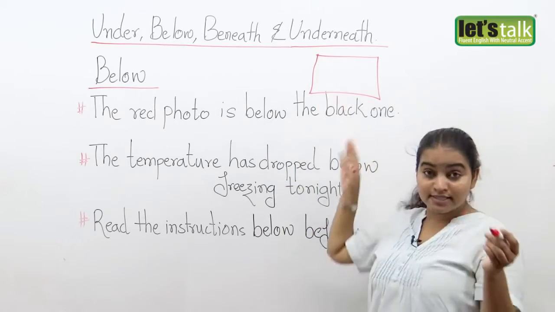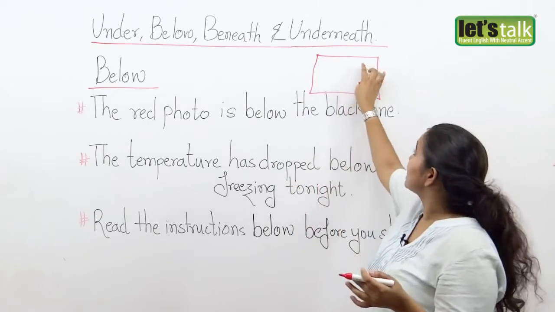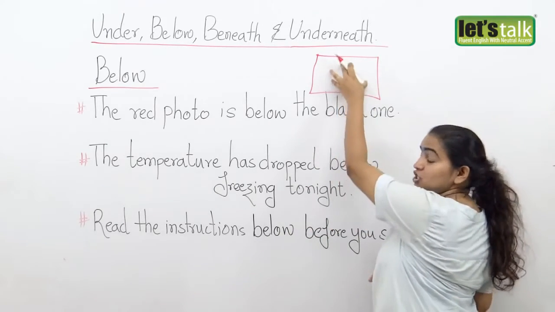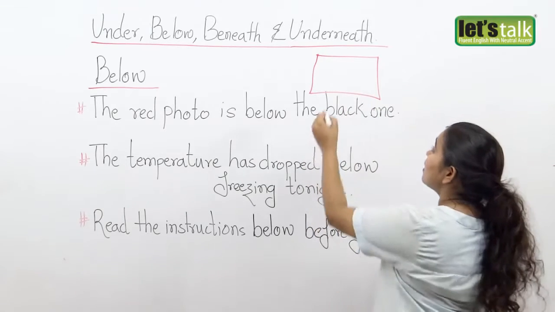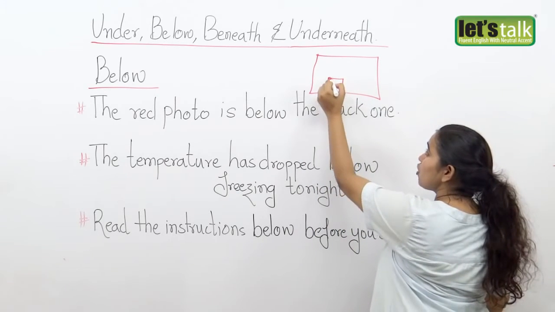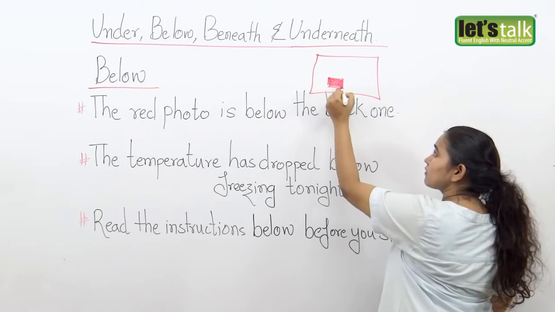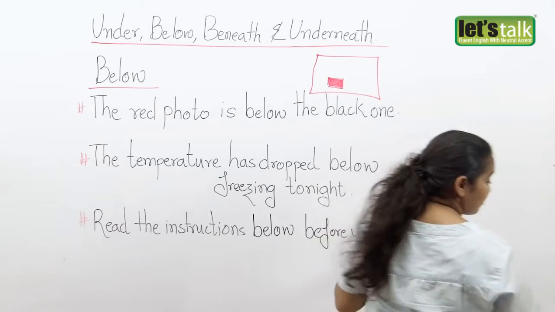Okay, so as I said, imagine that this square here is my blackboard, or maybe my wall. Okay, so I will draw a red photo. Okay, and now we will have a black photo.